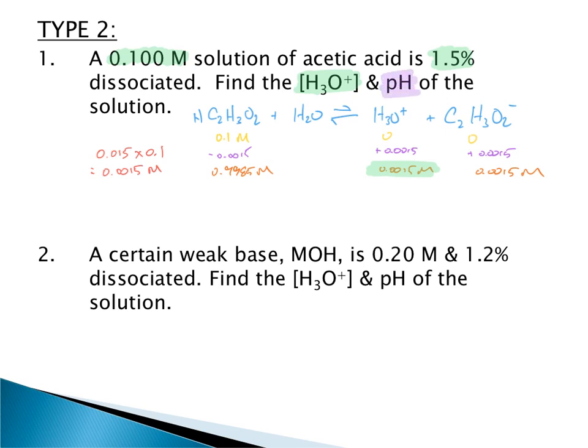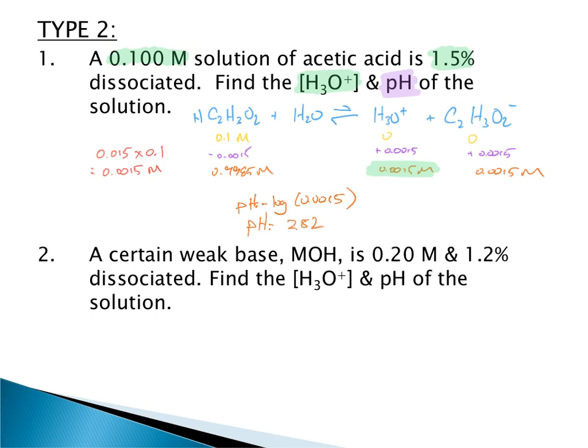What is the pH of the solution? In order to figure out the pH, it is equal to the negative logarithm of 0.0015. And when you figure that out, what you're going to get is 2.82.